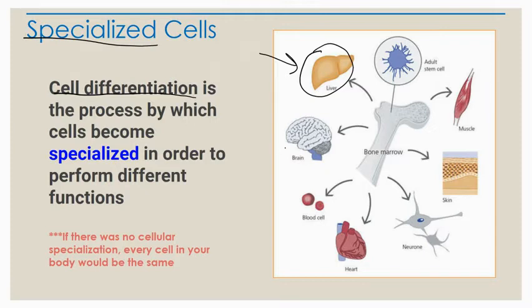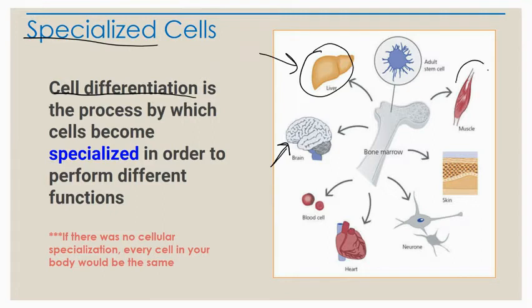Same thing, the cells that create our brain become specialized as brain cells, and they have a different function or task than that of liver cells. They need to do what a brain cell needs to do to make sure that that organism's brain is working properly and helping maintain homeostasis for the whole organism.